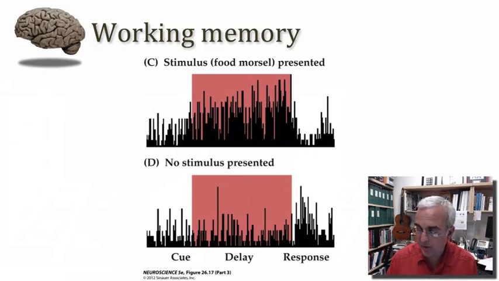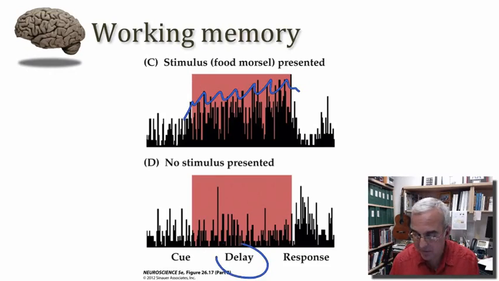So here's recordings from a single neuron in this part of the brain, and what we see is that the firing rate is elevated during this time of delay. The delay is indicated by this region here that is shaded red in the background.